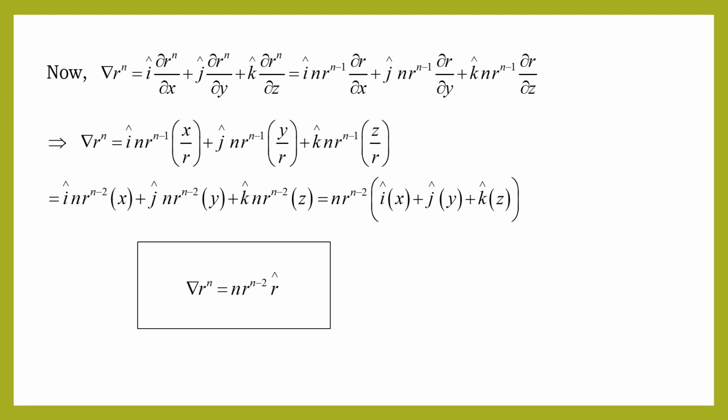∇r^n equals i ∂/∂x r^n plus j ∂/∂y r^n plus k ∂/∂z r^n, which equals i n r^(n-1) ∂r/∂x plus j n r^(n-1) ∂r/∂y plus k n r^(n-1) ∂r/∂z.